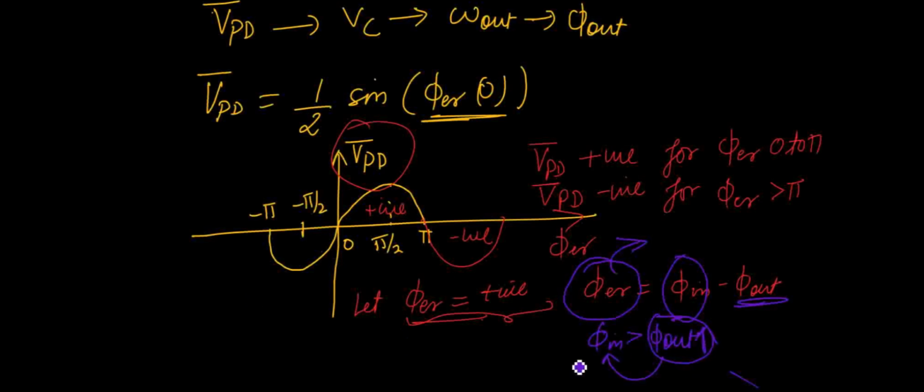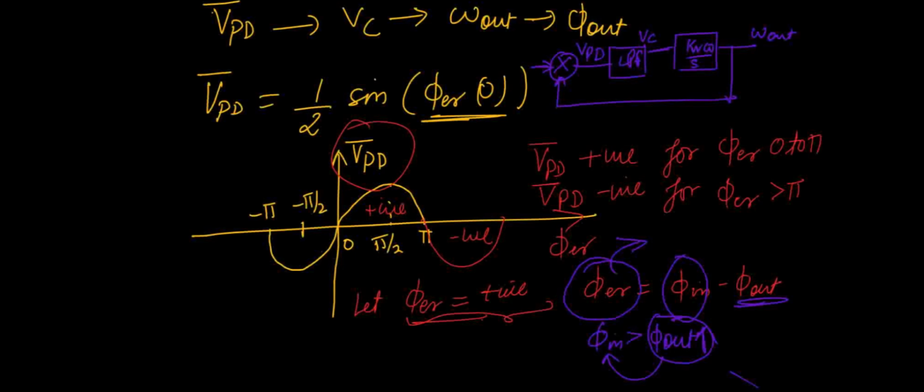How can you increase phi out? If I'm drawing the circuit, there was VC, this was KVCO by S, and this was omega out, and then some low pass filter, and this was VPD, and here the phase detector. Okay, you want to increase phi out, right?